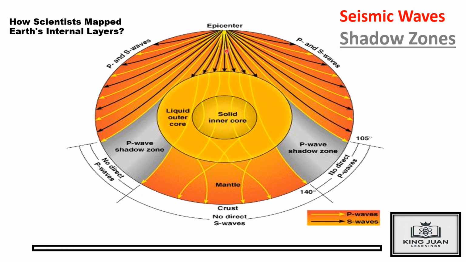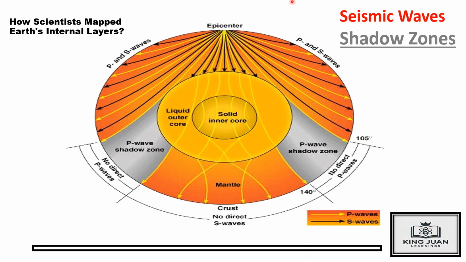So as the P wave is traversing the Earth's interior, as it reaches a denser layer in the core, it actually bends. This yellow line here indicates the P wave. And as it bends or is refracted, there is what you call a P wave shadow zone on this area of the mantle. Same also on the other side.